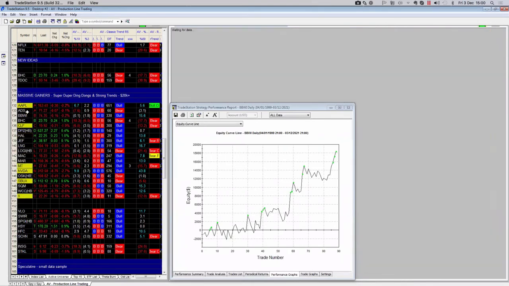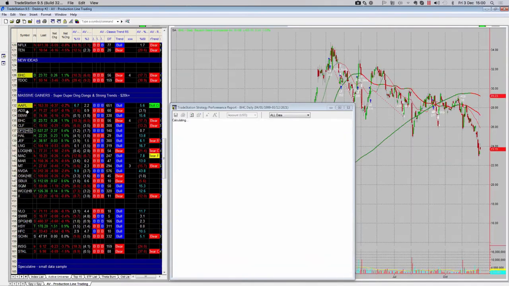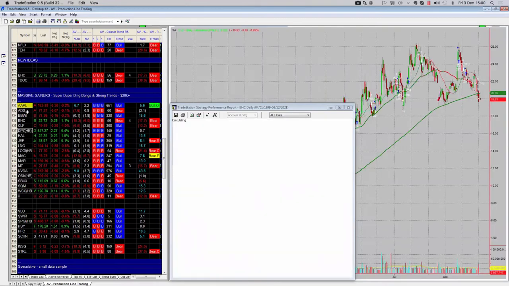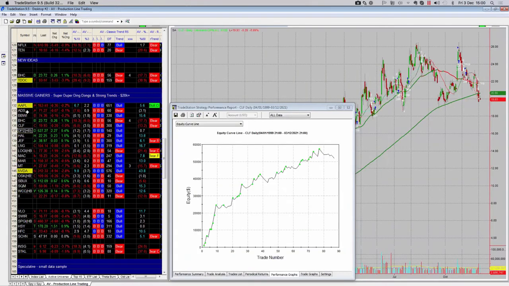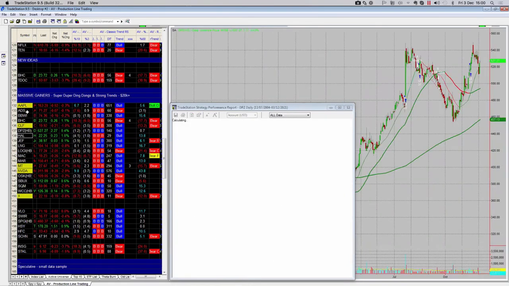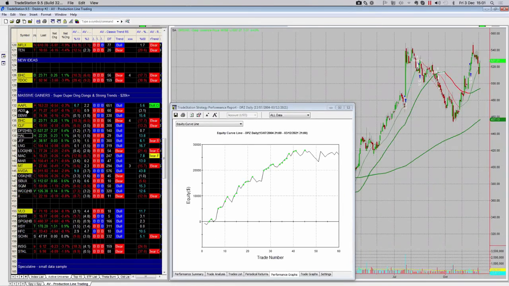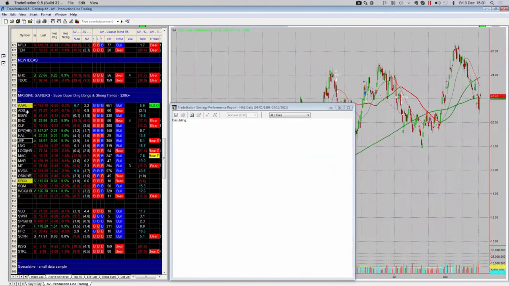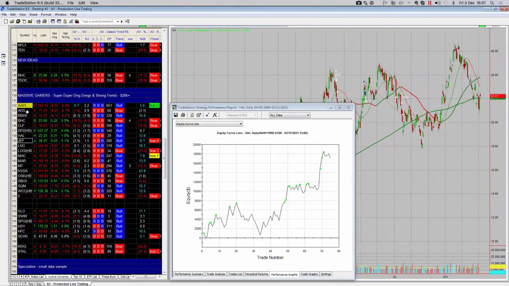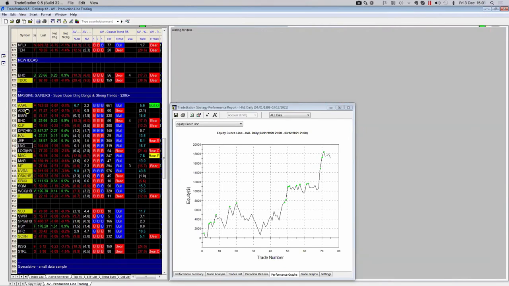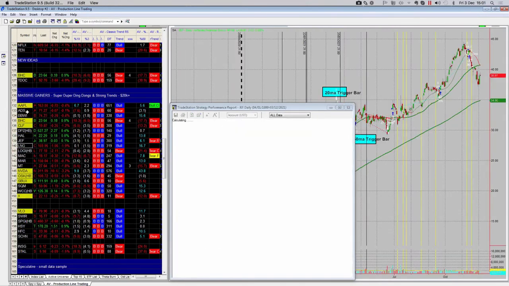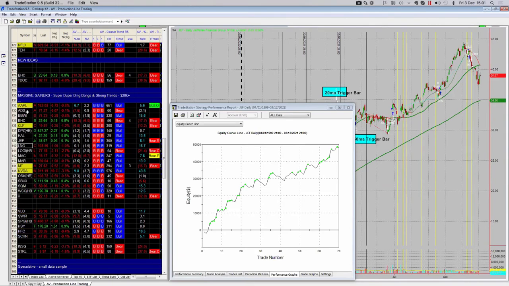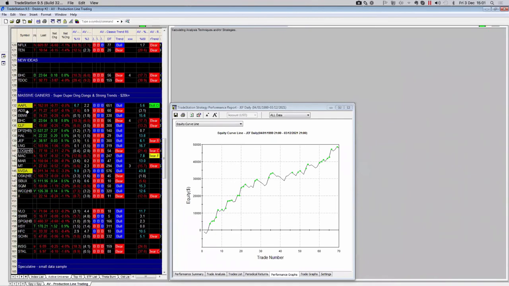I'm not going to think about the trade on many of these stocks because they consistently perform and make money. They've got steady equity curves. I'm going to trade them. I'm probably not going to think too hard about it because they're consistent producers. If I come across a stock that is not fantastic, then maybe I need some extra information to say, you know what, in addition to the classical trend setup, maybe I need a pattern.